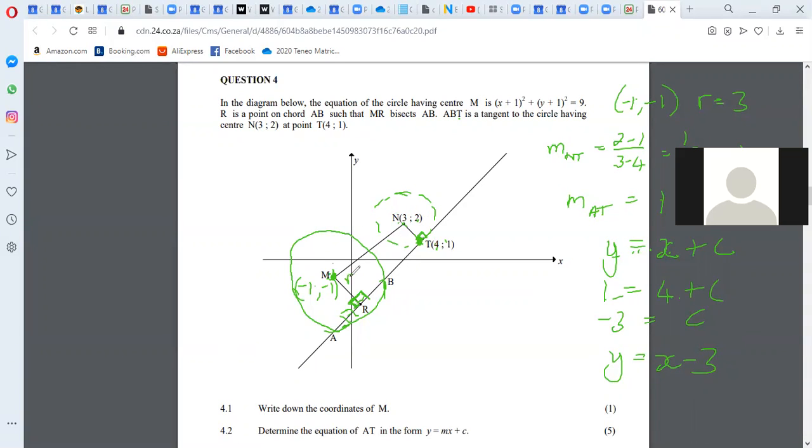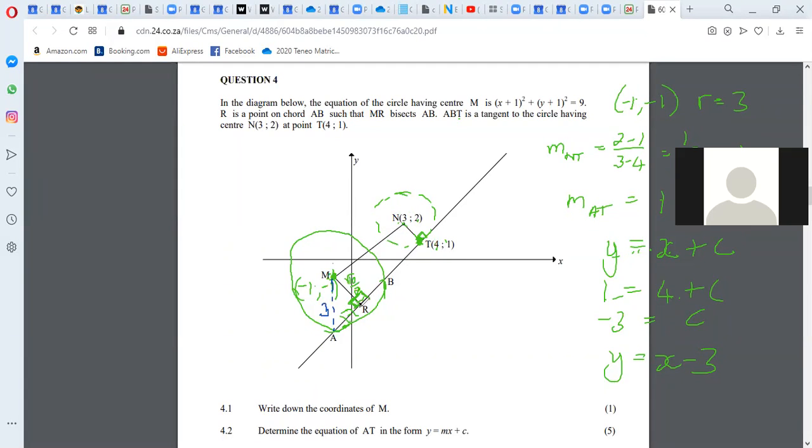So they're saying that this is root 10 over 2 and they want the length of AB. I'm just going to use a different color here. All right, so they've given you this length. And this is the radius, right? So isn't that 3? It's the radius of the circle, so that's 3.